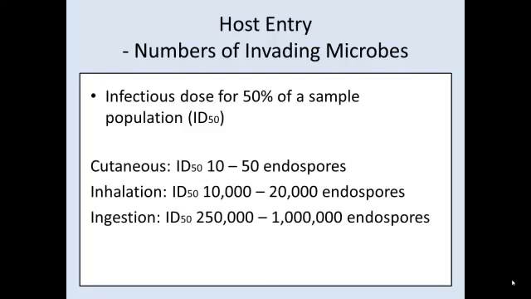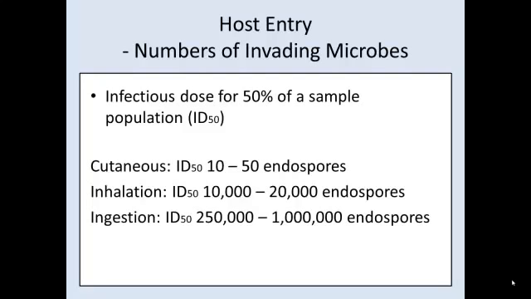The infectious dose for cutaneous anthrax is only 10 to 50 endospores. So if you had a fresh paper cut from opening up the letter, you didn't have to get as many endospores into the cut to cause cutaneous anthrax. With inhalation anthrax, the type that leads to really bad pneumonia, you would need to get 10,000 to 20,000 endospores.